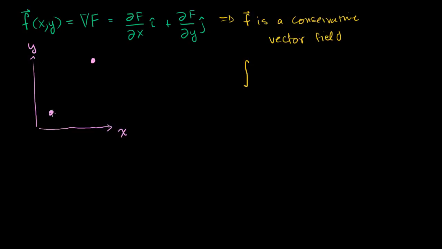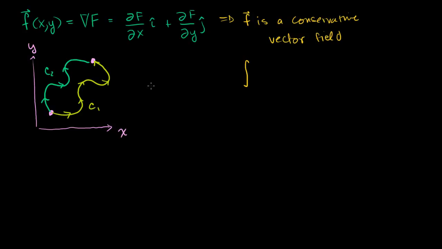So I have path 1 that goes something like that. So I'll call that C1, and it goes in that direction. And then I have, maybe in a different shade of green, C2 goes like that. They both start here and go to there. We learned in the last video that the line integral is path independent between any 2 points.